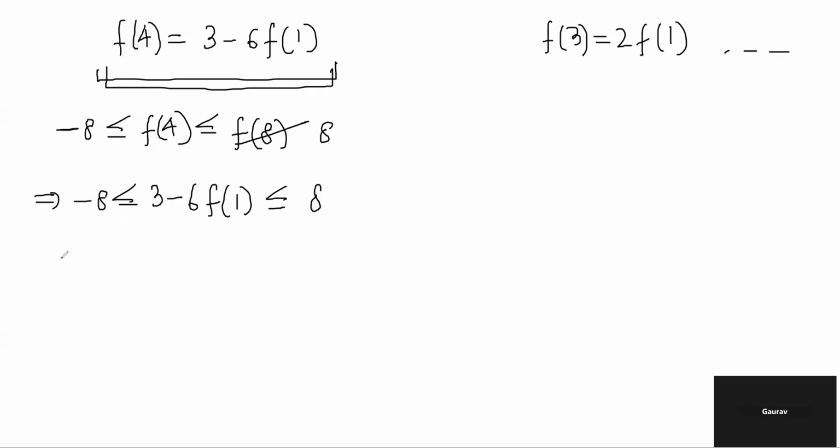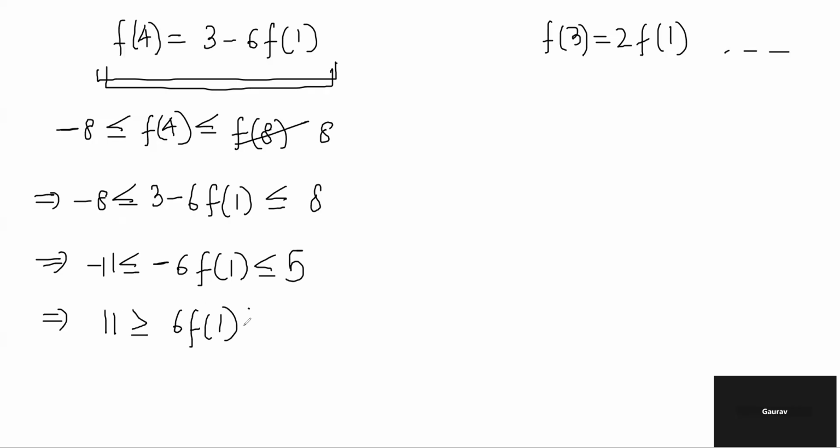So simplifying it a little bit, you get -11 less than or equal to -6 f of 1 less than or equal to 5. And when you multiply by a minus sign, the inequality will reverse the sign, right?